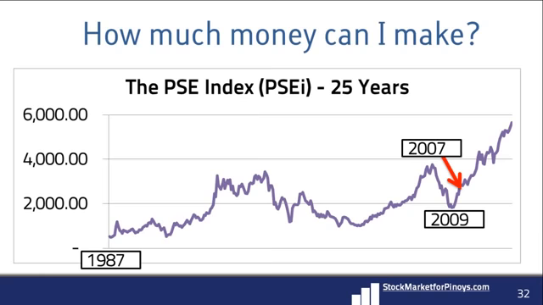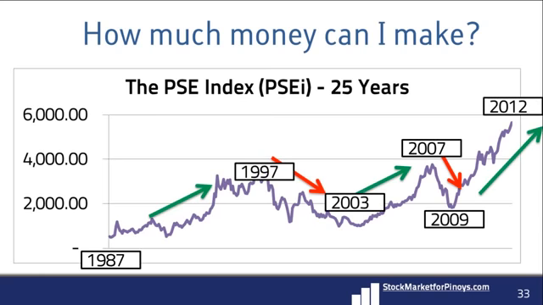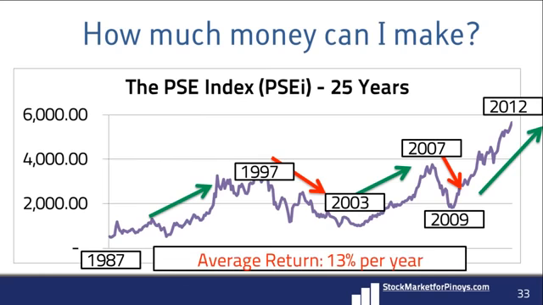So that's how the stock market goes in a very general and average sense. It goes up and it goes down and it goes up and it goes down. But the comforting fact here is that it goes up more than it goes down. In this period, the average growth of the stock market is at 13% per year. Now, I'd like to help you appreciate this number, this 13% per year, for a while.